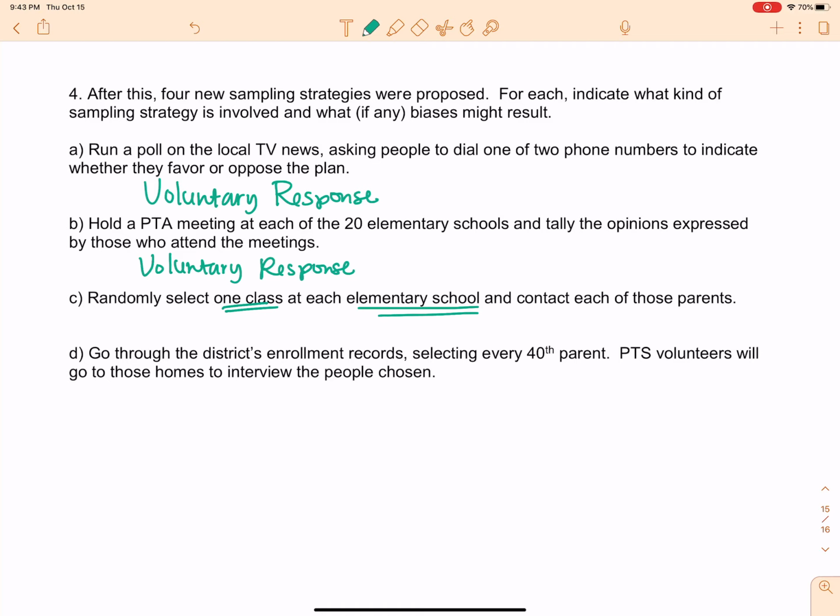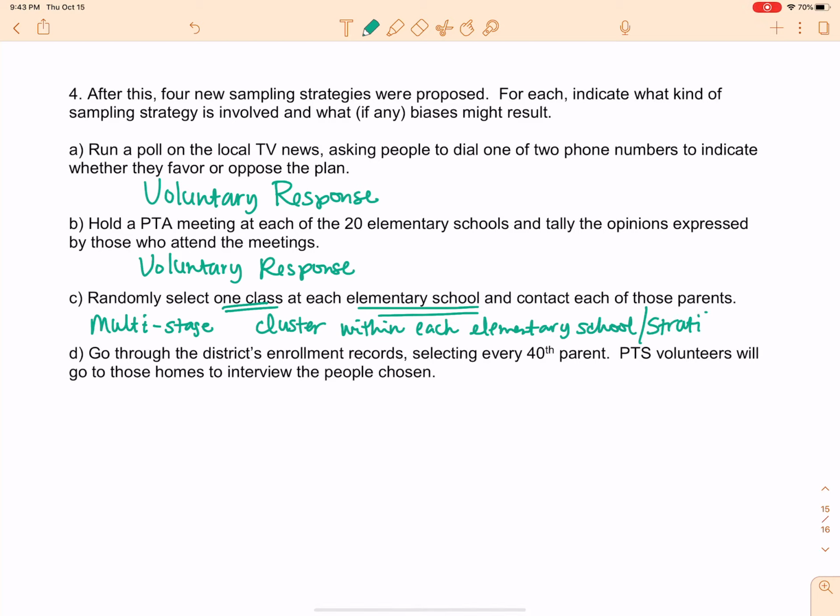Okay, so this is going to be a situation of a multi-stage, if I could spell that, because what this is going to look like is a cluster within each elementary school. So you can kind of think of it as a cluster stratified, all right? So I probably should have written that up there.